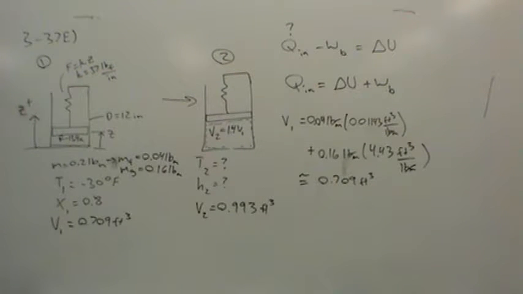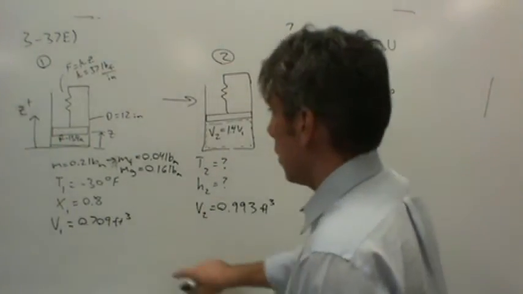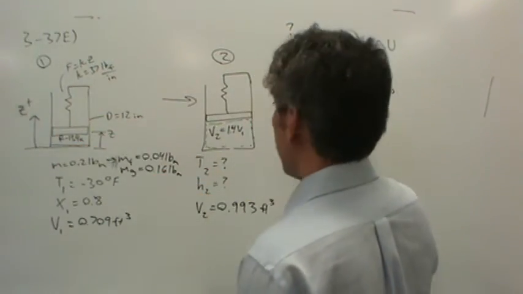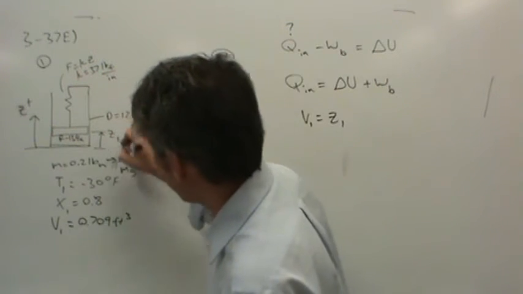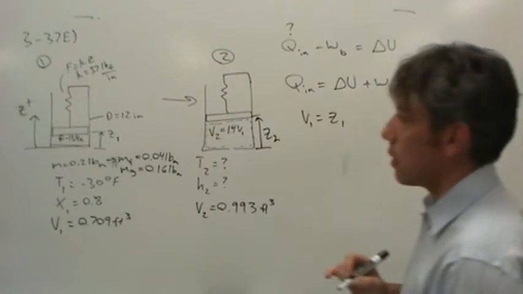So there's our volume in state two, there's a volume in state one. We can relate the volume in state one to the cross-sectional area of the piston and the height. Let me make it clear that there's a different height in state one than in state two.